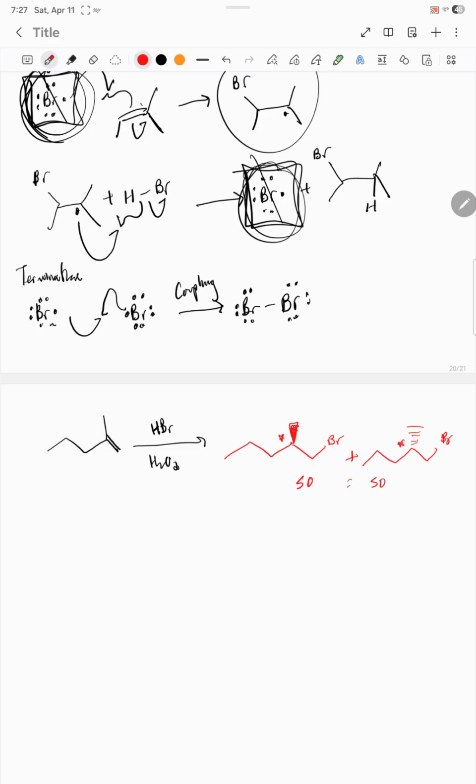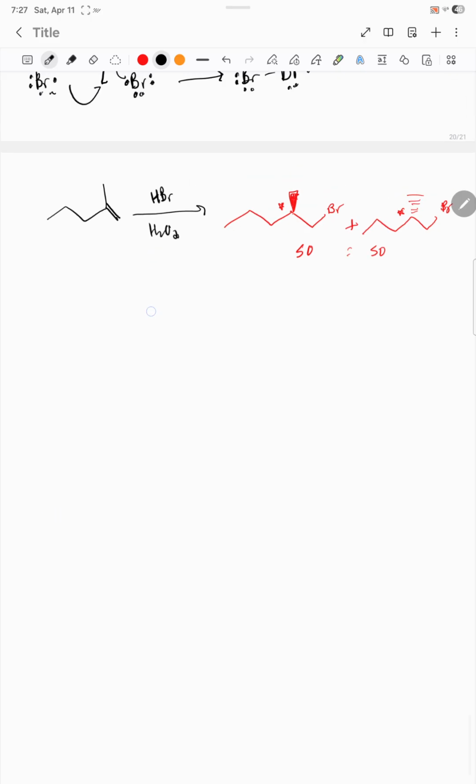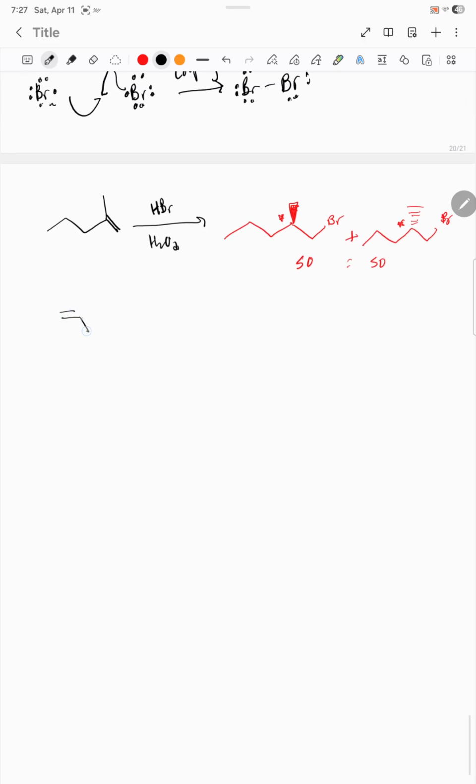Okay, let's look at another example. For example, if we were to look at this compound with HBr and H2O2, then we should get anti-Markovnikov, and that means if we have something like this, we'll get Br.